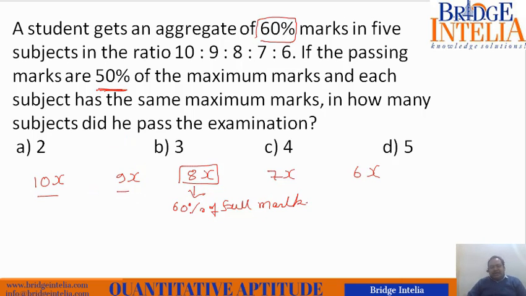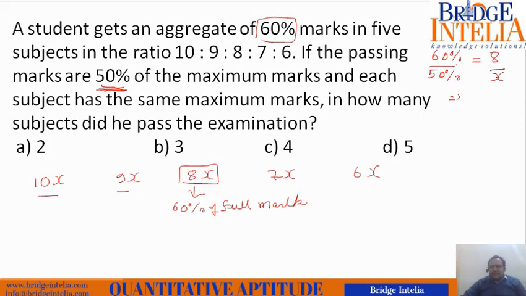So 8x represents 60% of full marks, whereas the passing marks is 50%. So if 60% is equivalent to 8x, what will be 50% equivalent to? The proportionality will be maintained.